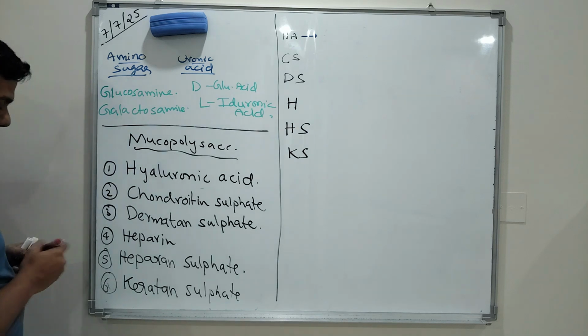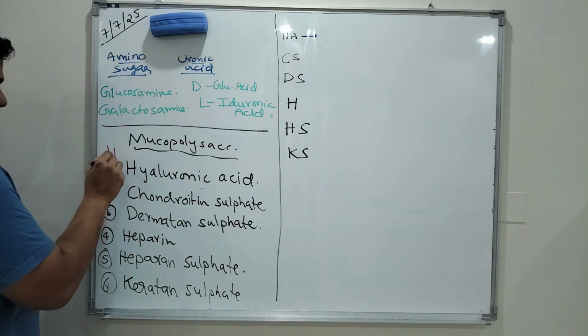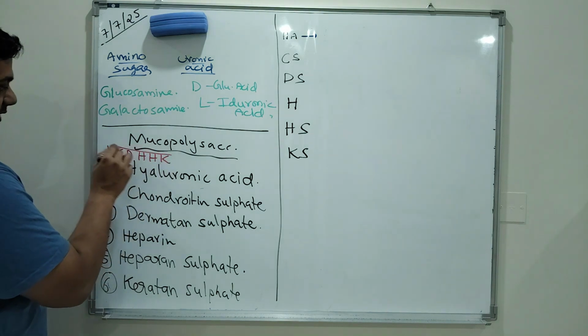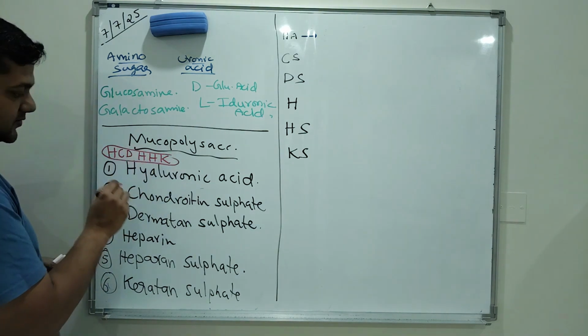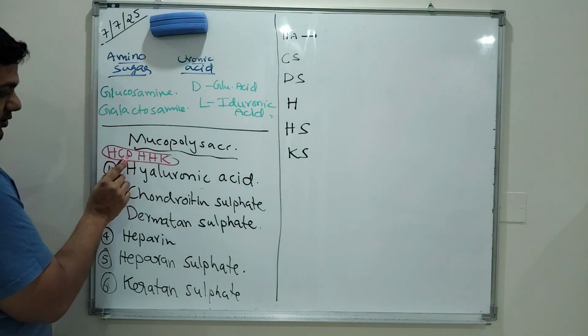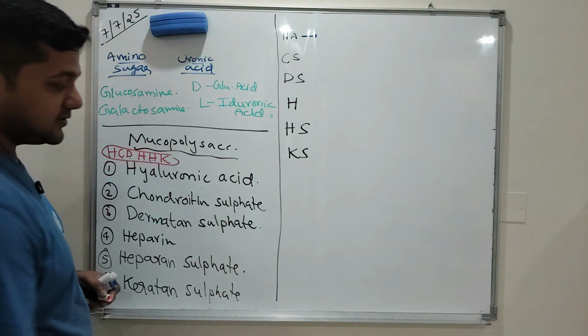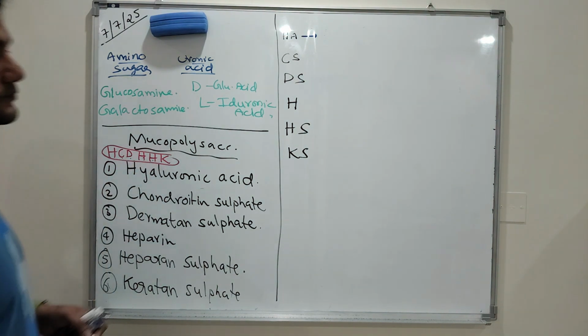Also, one code that I usually remember is HCD and HHK. If they ask for the list of mucopolysaccharides: hyaluronic acid, chondroitin sulfate, dermatan sulfate, heparan sulfate, and keratan sulfate.